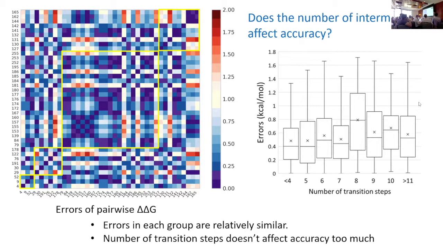It seems as we have more steps, the error goes up a little bit, but it's not too huge. So in conclusion, I don't think the number of transition steps in this case affects accuracy a lot. To my knowledge, having a lot of transition steps or intermediates is okay as long as the intermediates are right on an optimal transition pathway. That's just my opinion.